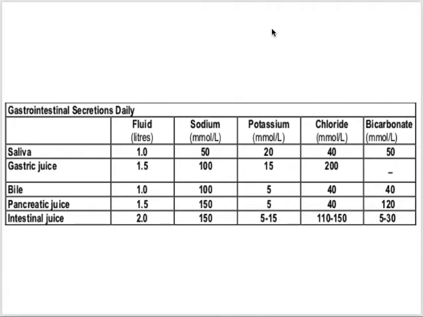How much sodium they contain, how much potassium, how much chloride, how much bicarbonate. How I remember this is simply this way. As we go from mouth towards anus, down, sodium will increase. Saliva has the least sodium, it keeps on increasing. Intestinal juices have a lot of sodium.